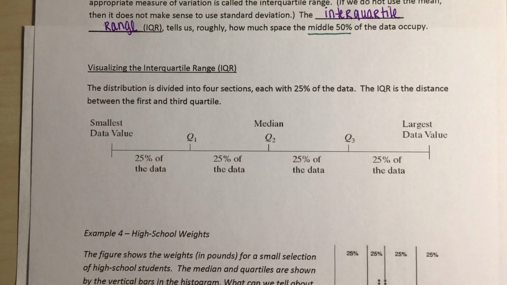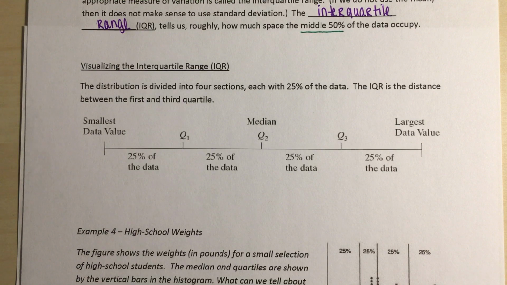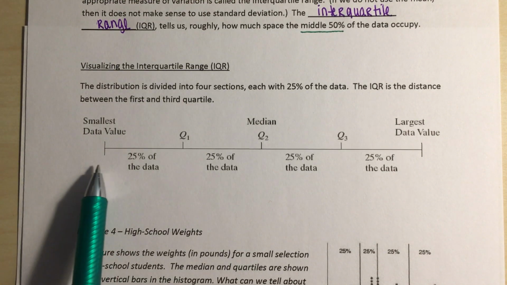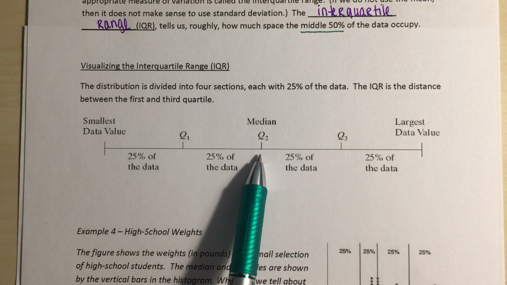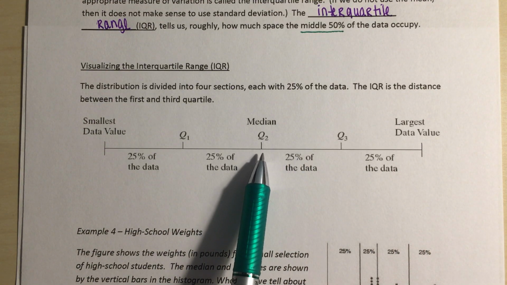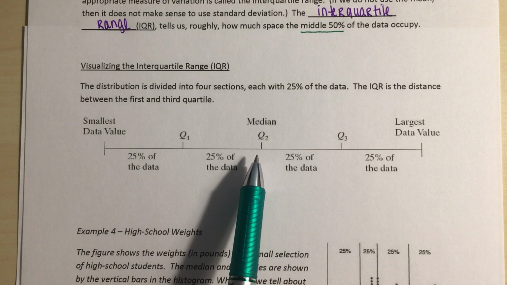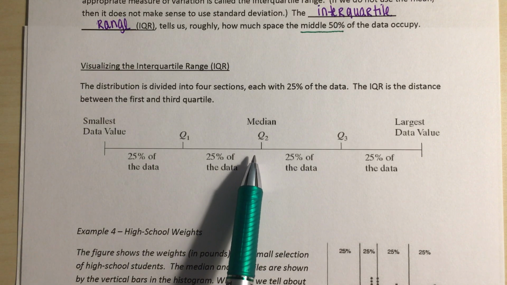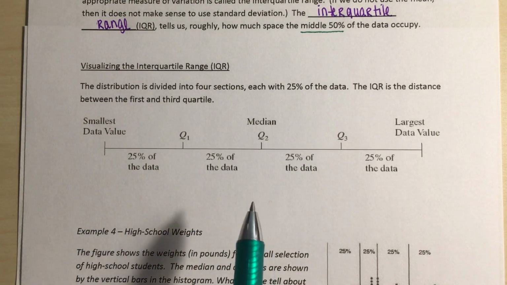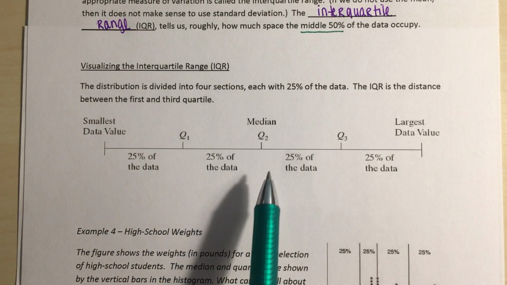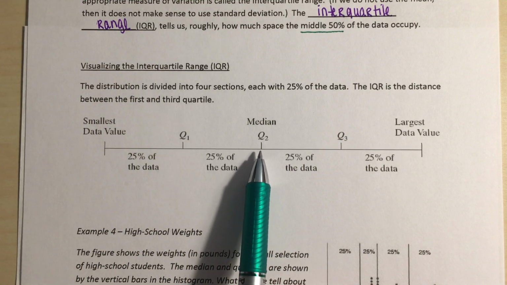What we see here is a brief visualization. We go from our smallest data value on the left to our largest on the right. We can split this. In the middle is our median. Our median is also going to be labeled Q2, our second quartile. The abbreviation quart means 4, so that's why we're splitting this into 4 pieces. The median splits it in half.